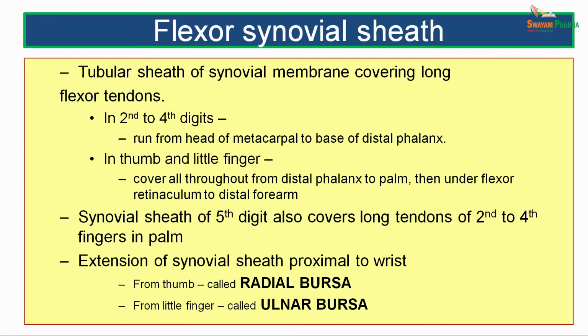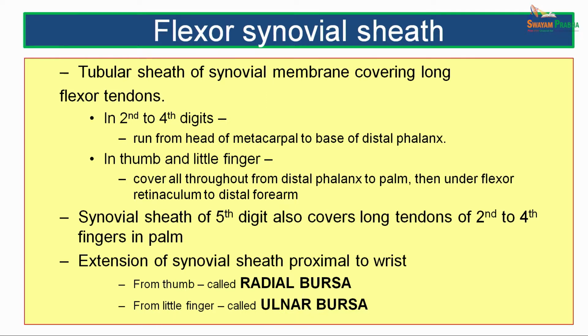As has been said earlier, there is continuity of the synovial sheets in the thumb and the little finger. The synovial sheet of the fifth digit also covers the long tendons of the second to fourth fingers of the palm.